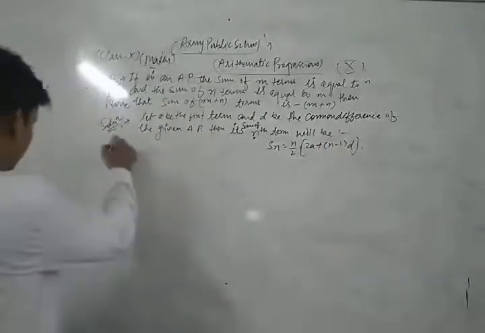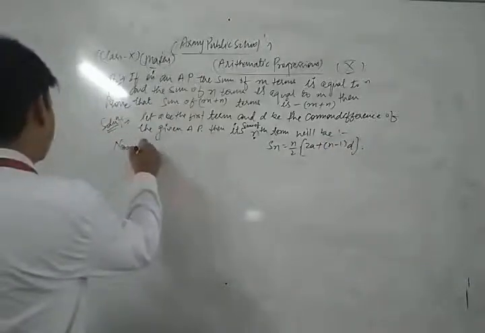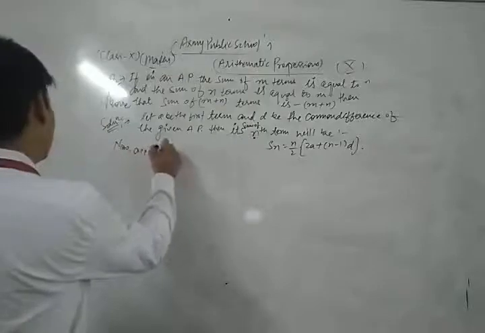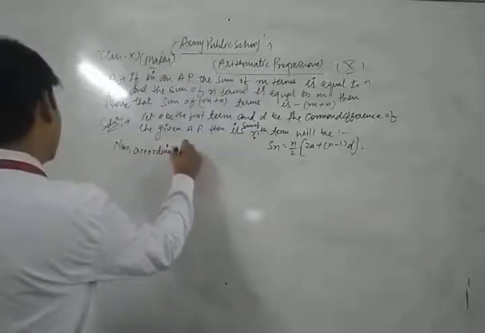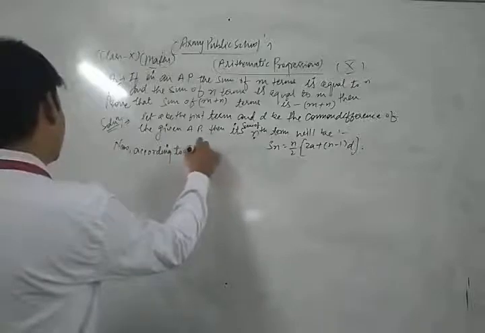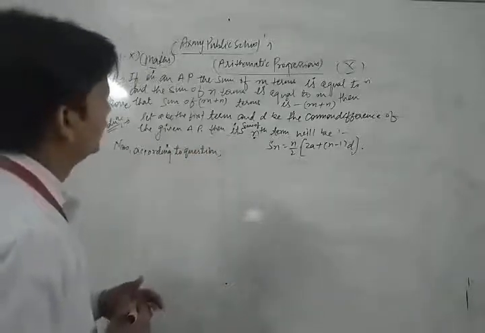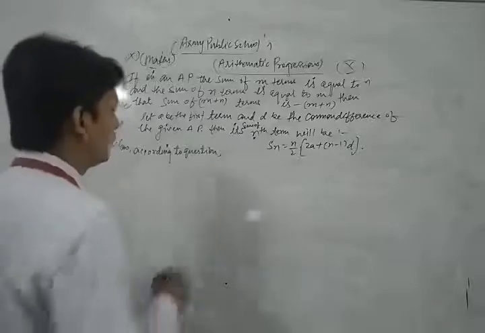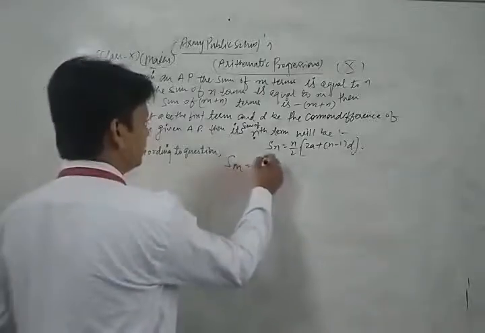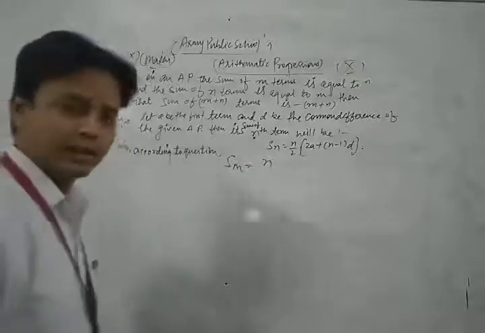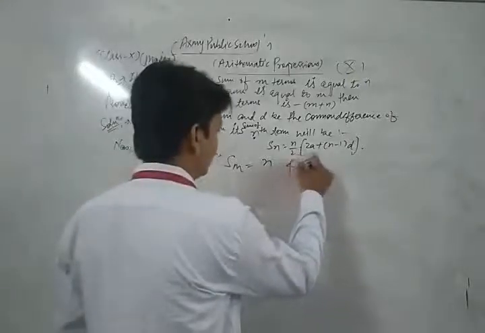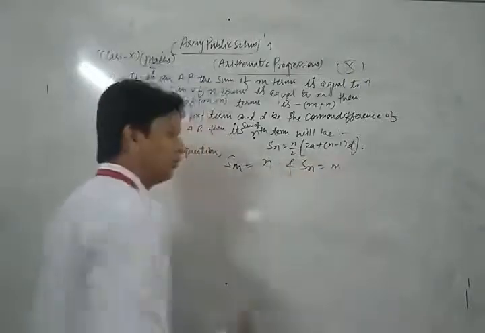Now according to the question, the sum of m terms is equal to n, as well as the sum of n terms is equal to m. So we get two equations.